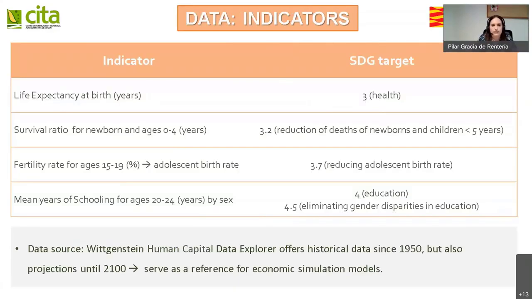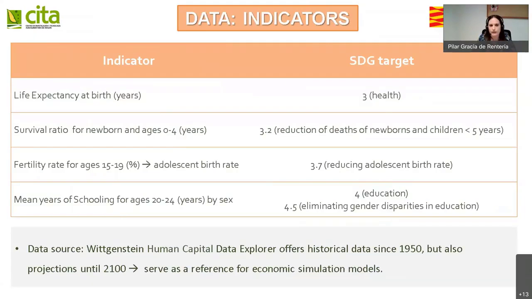So first, the selection of the indicators to measure the progress of SDG 3 and 4 was based on the Global SDGs Indicator Framework developed by United Nations. And among the proposed indicators, we select 3 indicators to measure the health goals and 2 indicators for the education goals.